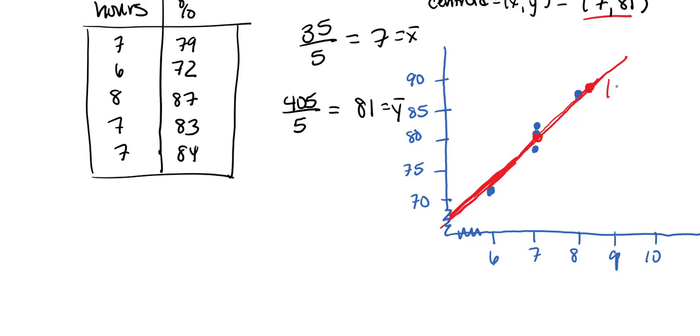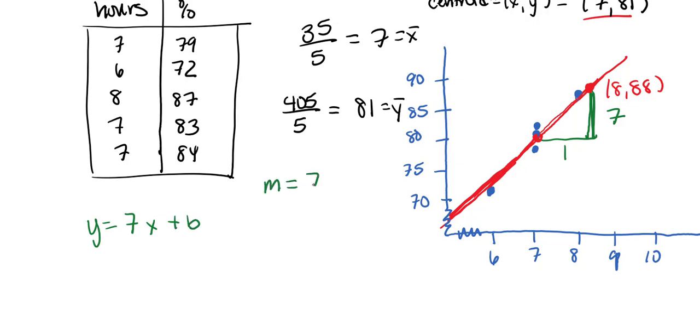So we have 8 and 88, and we have 7 and 81. So what's our rise and run? Our rise on the y is 88 going down to 81, which is 7. So we have a rise of 7. And we start at 7, we go to 8, so that's just 1. So our slope is 7 over 1, which is just 7. That's our slope.